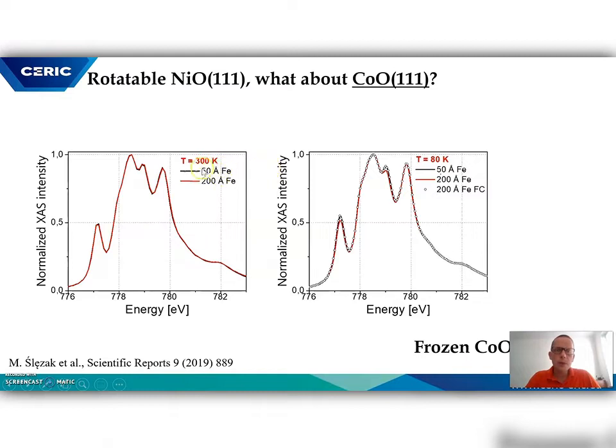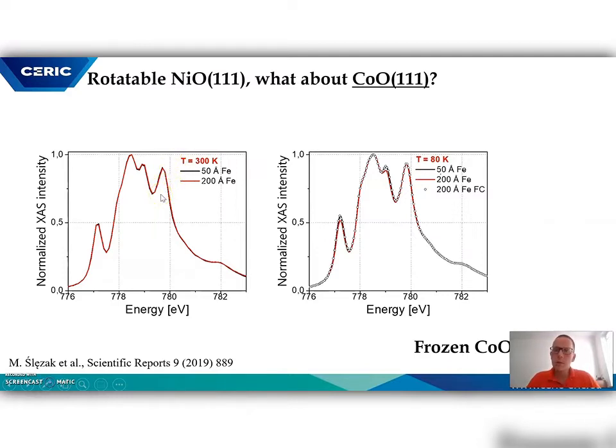We had two sample regions, 50 and 200 angstroms thick iron films, so before and after the spin orientation transition. When we measure XAS spectra on these two areas, they are at room temperature exactly identical, as they should be, because we are a bit above the Néel temperature of cobalt oxide.